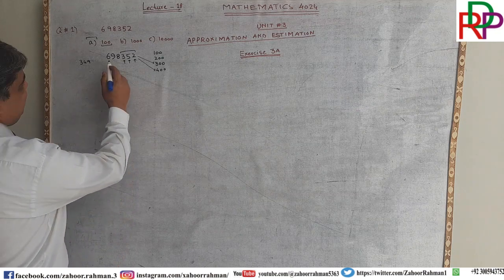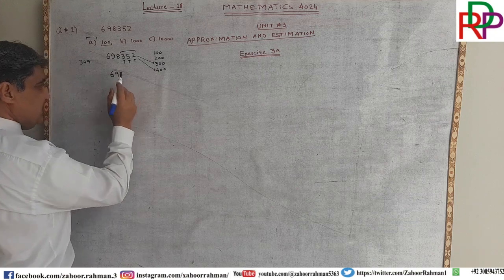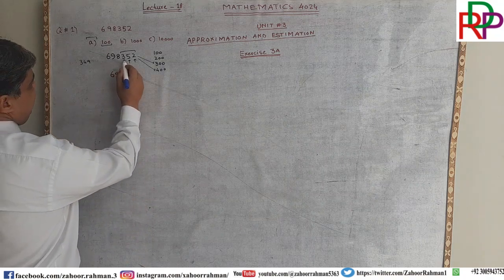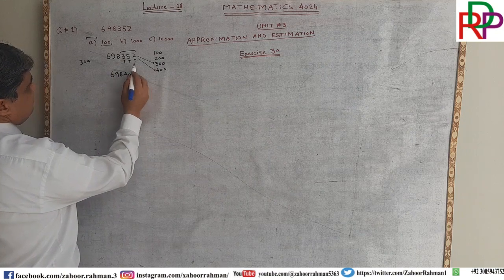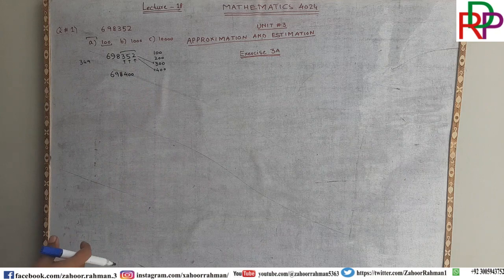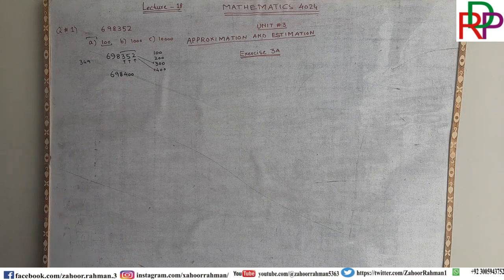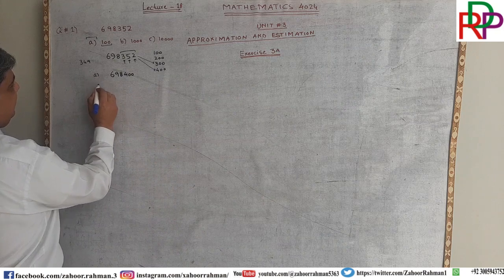So in this case, the answer will be 698, because you have thousand notes with you. But in the 100 case, you will give 400, because 352 is greater than or equal to 350. So it is rounded to the nearest 100, and that is the answer of part A.